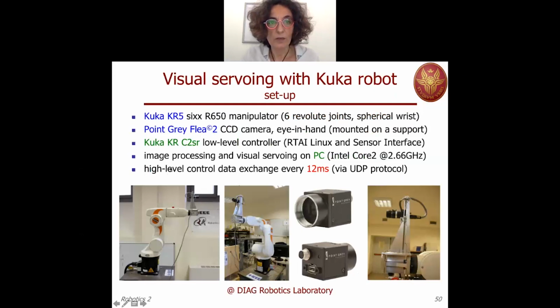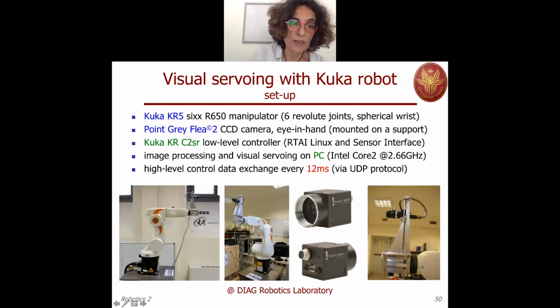Here we will now see some experiments with depth, so visual servoing with depth estimation with the Kuka robot, the Kuka manipulator KR5 that is in our robotics laboratory, which has 6 revolute joints and a spherical wrist.